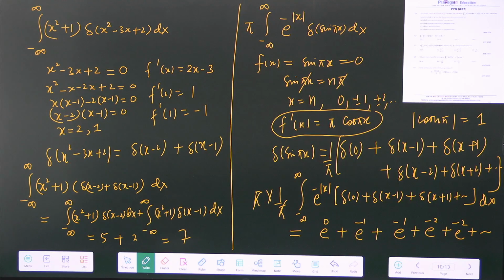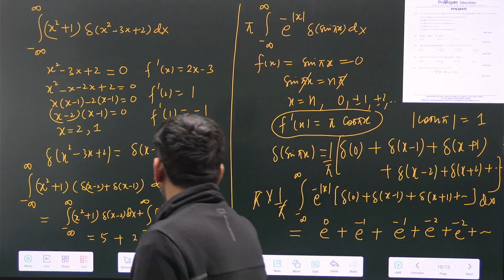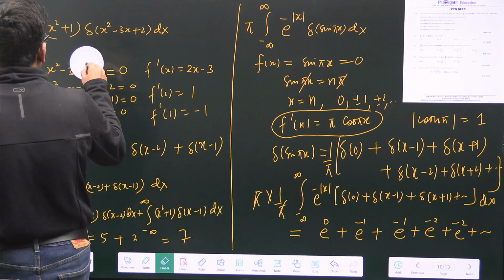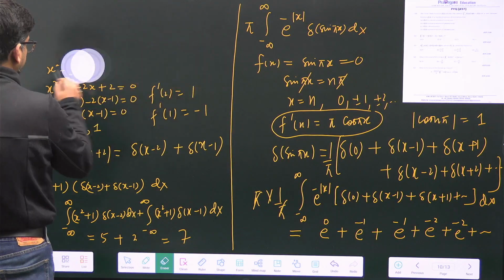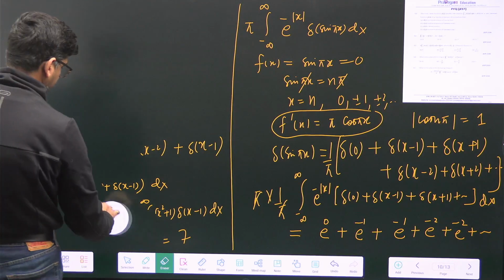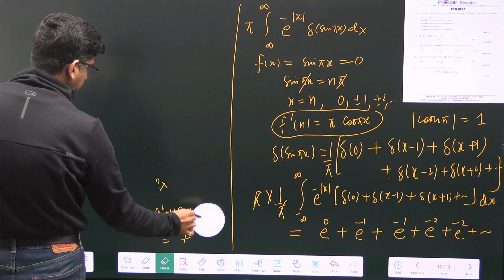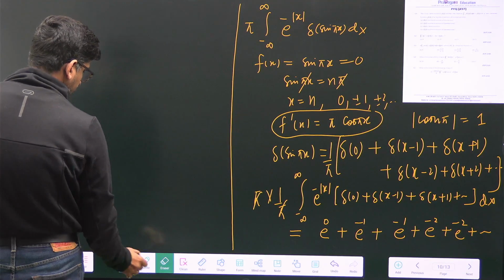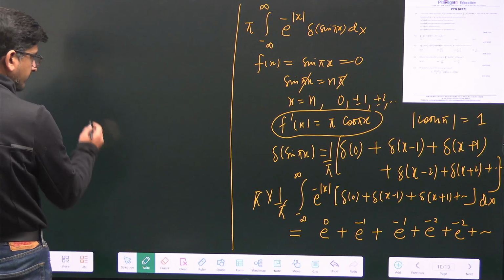How should we add this? Geometric series. We can use geometric series.